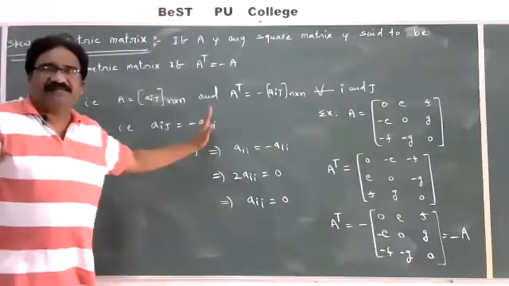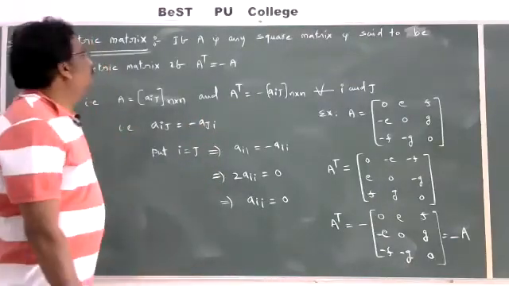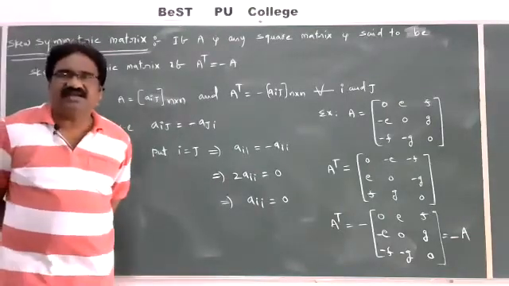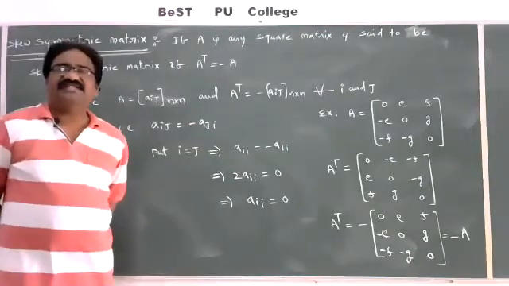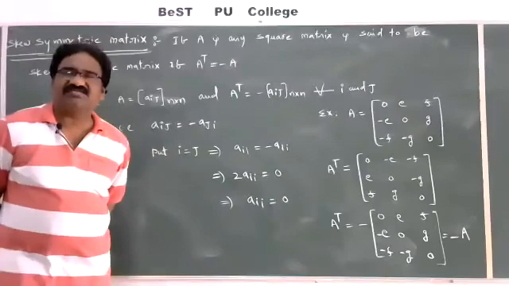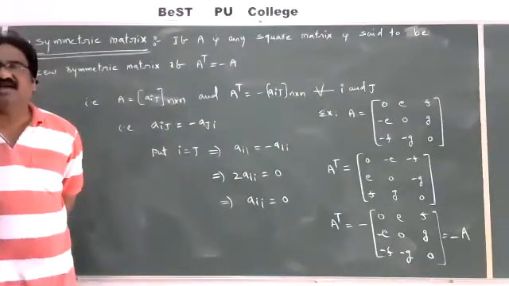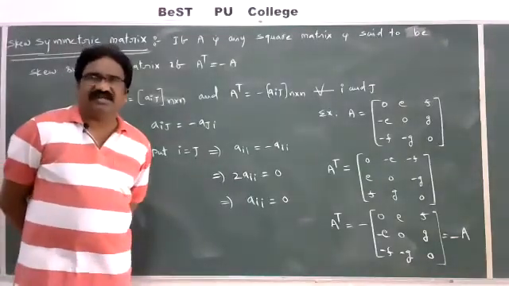I gave the mathematical definition also for understanding. A square matrix is said to be symmetric if A transpose is equal to A, and a square matrix is said to be skew symmetric if A transpose is equal to minus A.